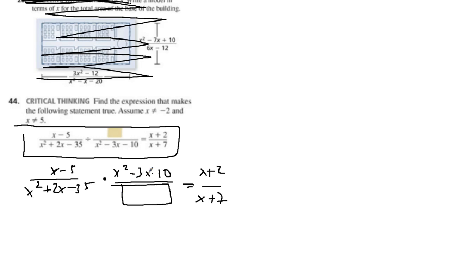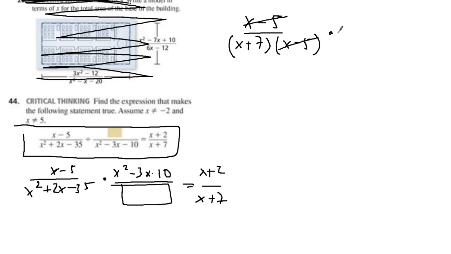So we've got to figure out what that box is. We're going to factor. You always factor. So x squared plus 2x minus 35 is x plus 7 times x minus 5. There you go, your x minus 5 is already crossed out.